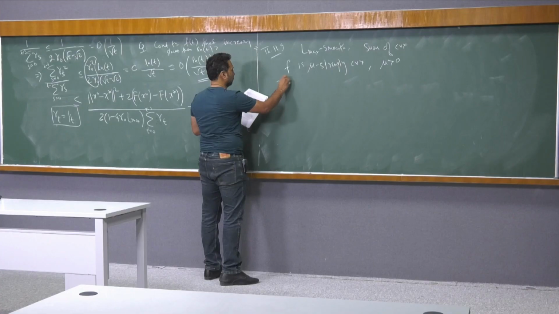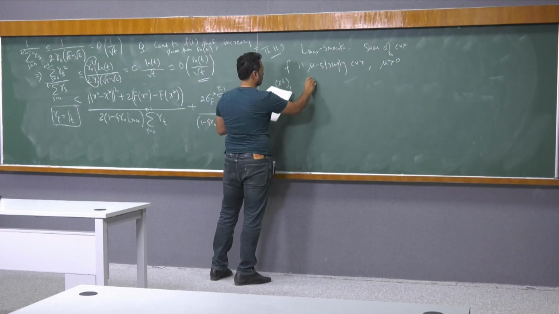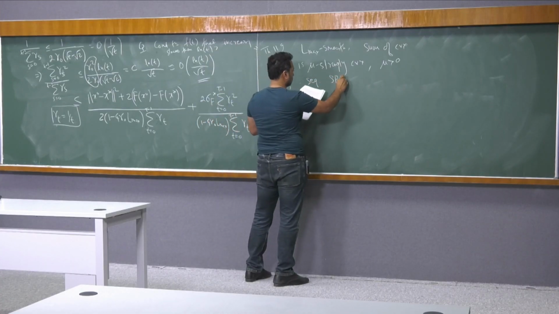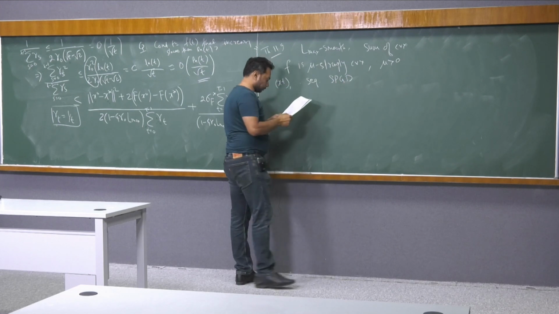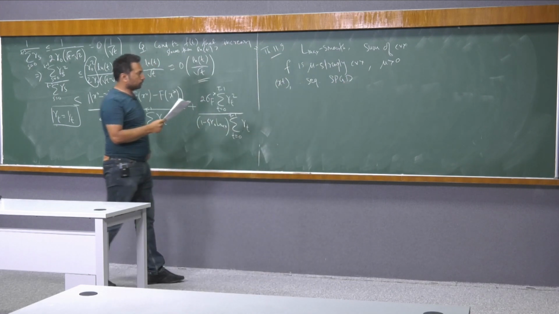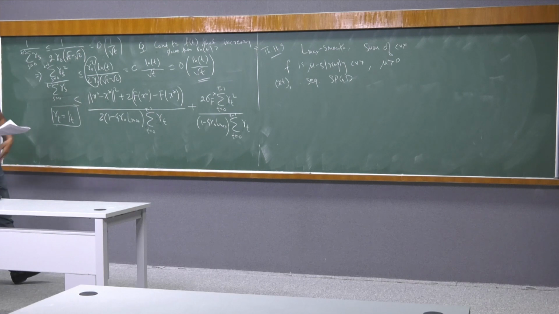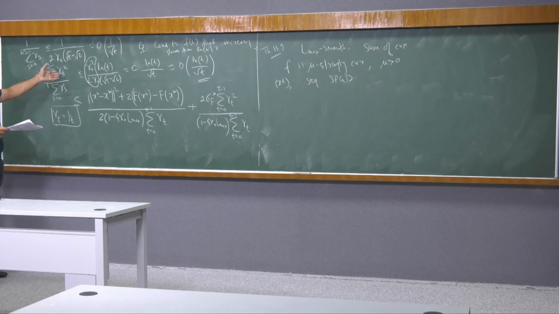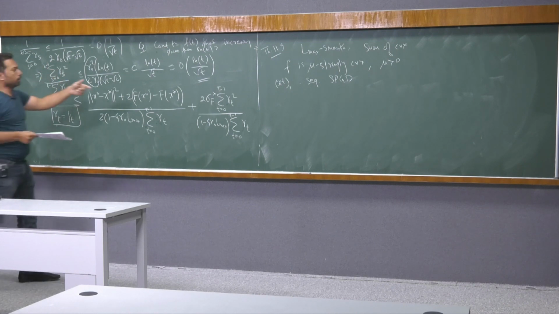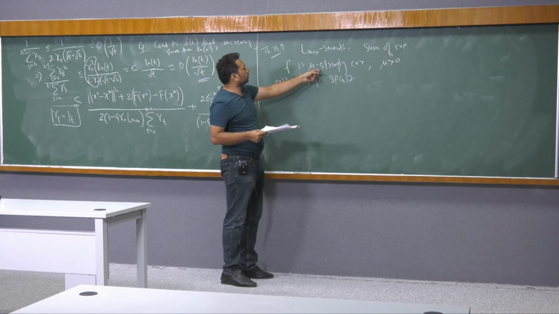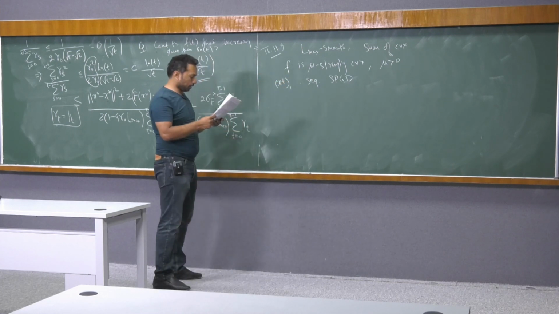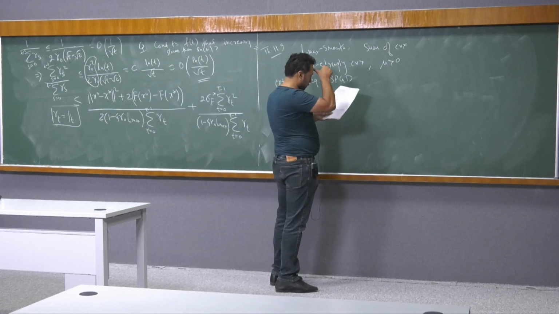And x_t is the usual sequence generated by PSGD. What is interesting is that this also allows you a constant step size, whereas with just the usual convexity, the guarantee was not there. But here, even with a constant step size, since f is mu strongly convex, there will be a guarantee of convergence.